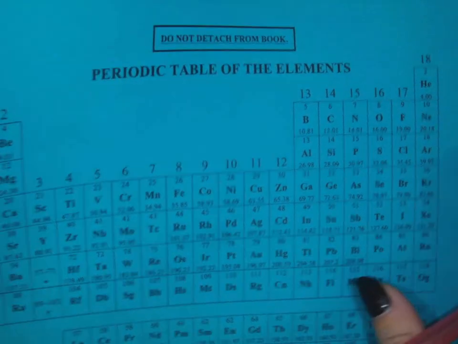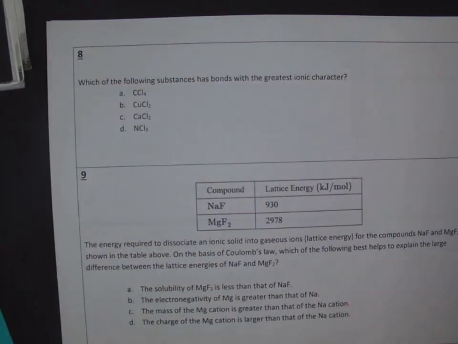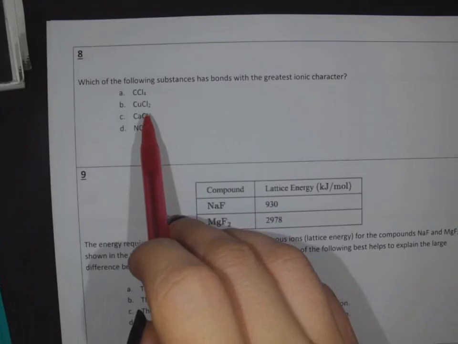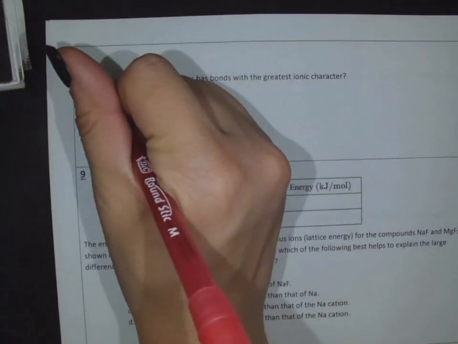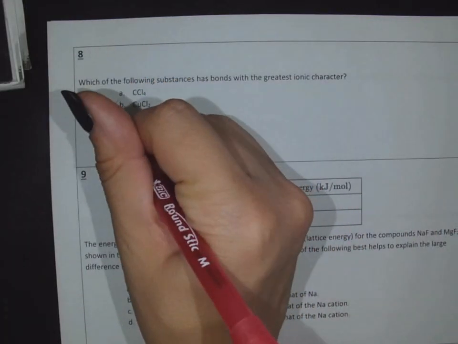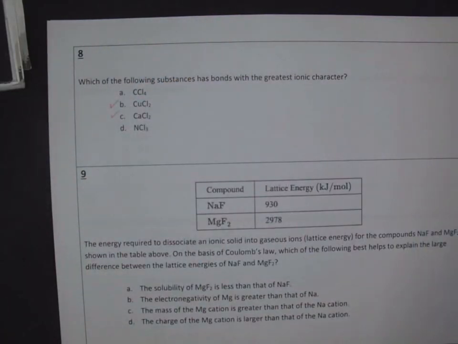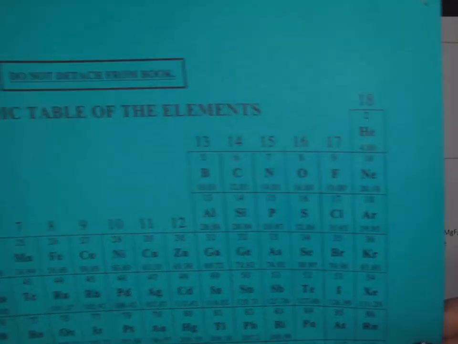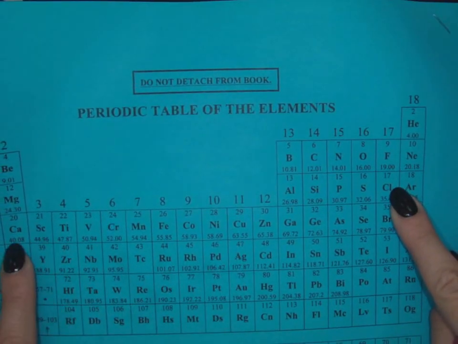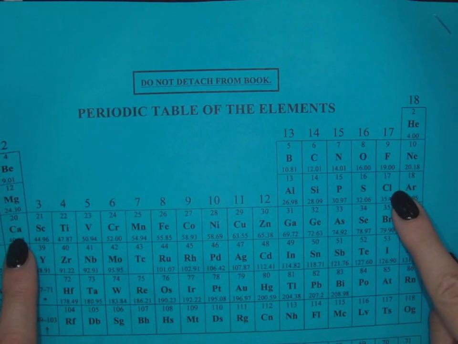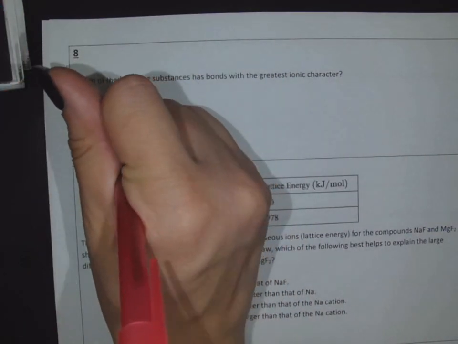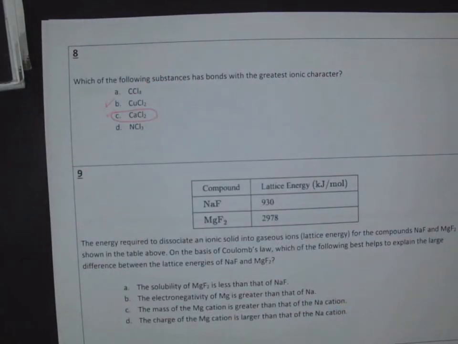Now, I have carbon and chlorine, those are two nonmetals, so no. Copper and chlorine, that's a metal and a nonmetal, so that's a possible answer. Calcium and chlorine, that's a metal and a nonmetal, that's a possible answer. Nitrogen and chlorine are nonmetals. So here is my copper and my chlorine, and here's my calcium and my chlorine. Calcium and chlorine are further away. They have a greater difference in electronegativity, so they would have a greater ionic characteristic.